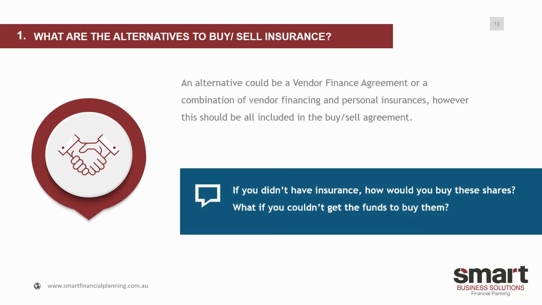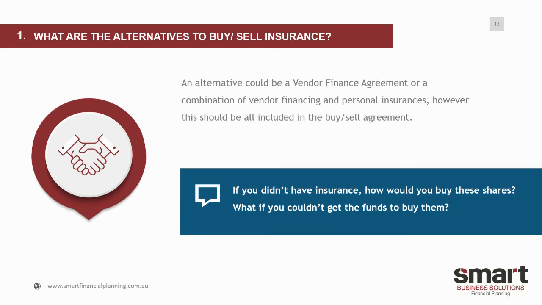One alternative could be a vendor finance agreement that you might have in your buy-sell agreement. That should all be included, or a combination of vendor financing and personal insurances. You might have a situation where you get insurance to cover, say, half of it, and the other half is vendor finance, which might mean that the business would pay that back to the estate or the departing partner over 5 years or 10 years or some other agreement.